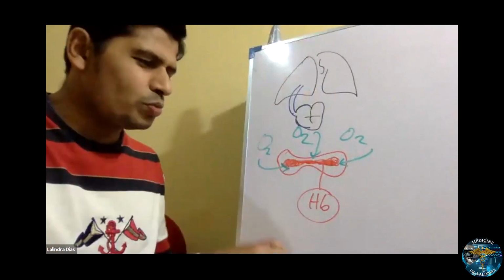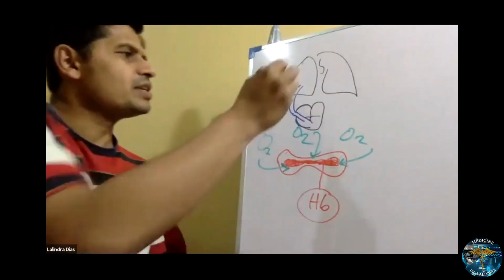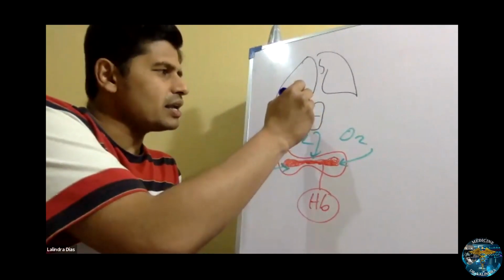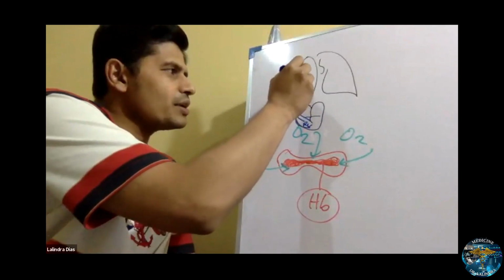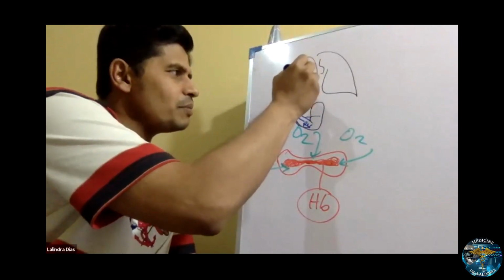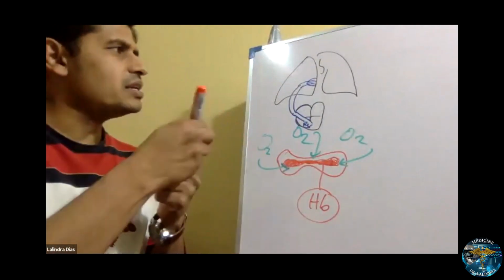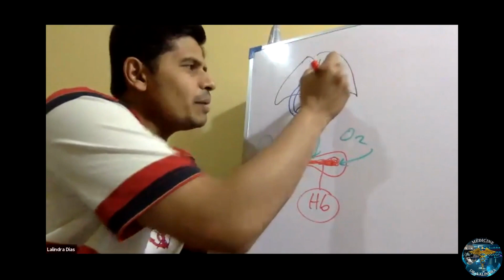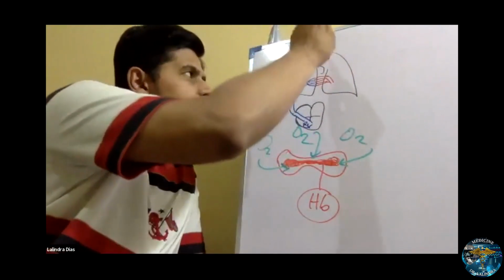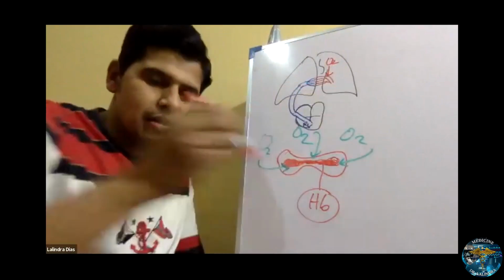From the right ventricle, blood is carried by the pulmonary artery into the lungs. The pulmonary artery divides into various branches, and then at the capillaries they form the pulmonary vein.